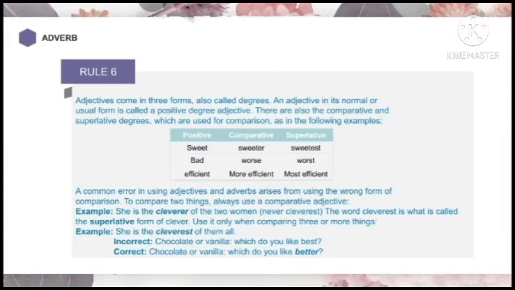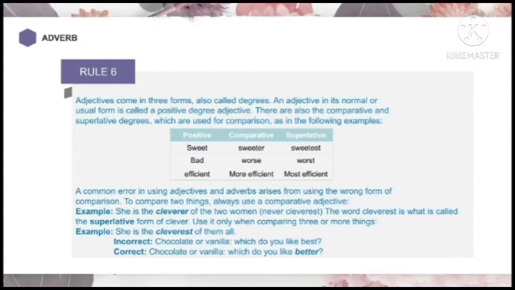Positive: bad, comparative: worse, superlative: worst. Positive: efficient, comparative: more efficient, superlative: most efficient.